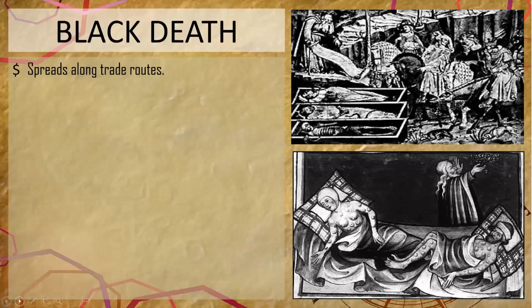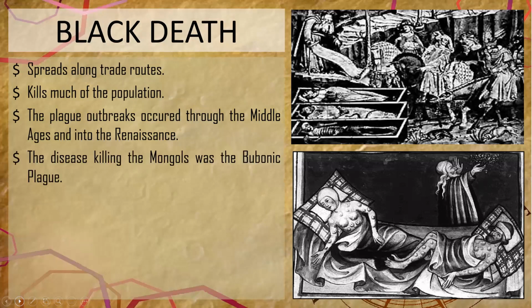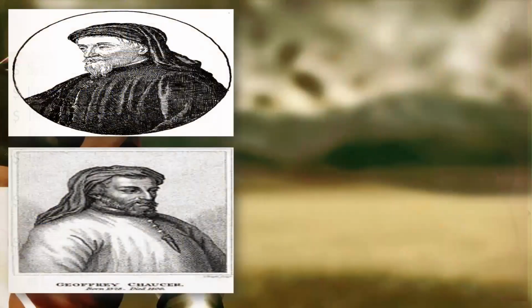And a lot of things happen. We have the Black Death, right? It spread along trade routes, kills much of the population. The plague outbreaks occurred through the Middle Ages and through the Renaissance. So these are the things that happened during the Middle Ages, right?